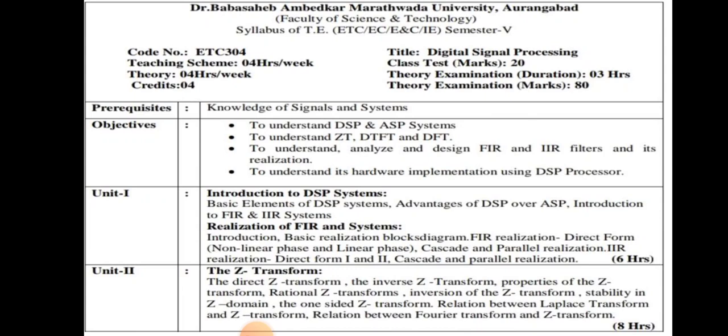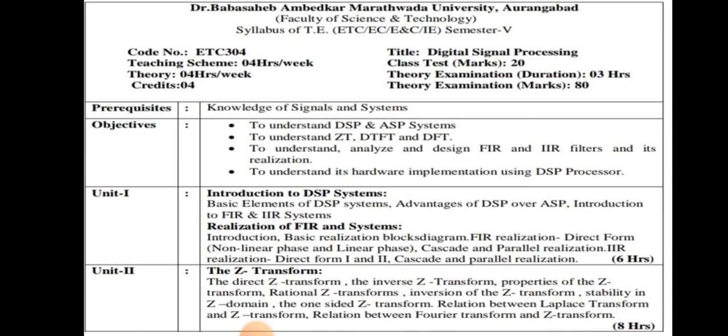Then the next objective is to understand its hardware implementation using DSP processor. Okay, so overall in this subject we have to start with the basics of the DSP and ASP systems. Then we will see the different transforms, and then we will see two types of filters, FIR and IIR filter, and in the last unit we will see the actual processor which is used for the digital signal processing.